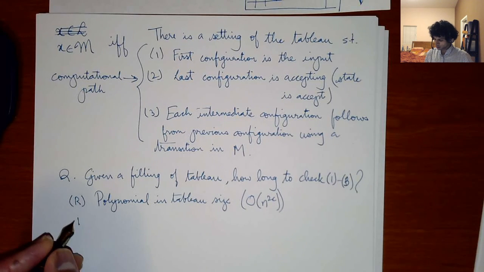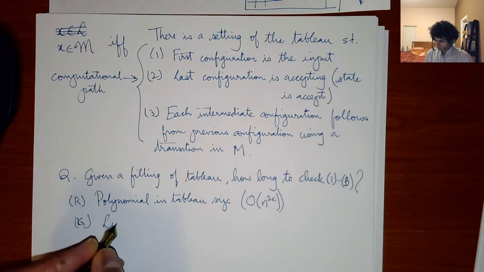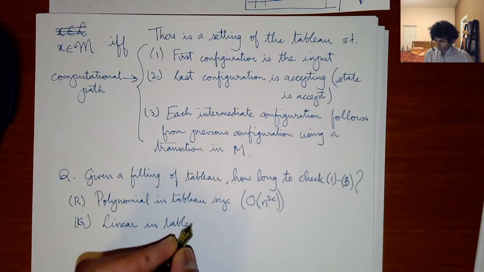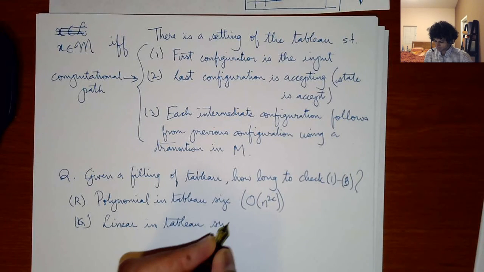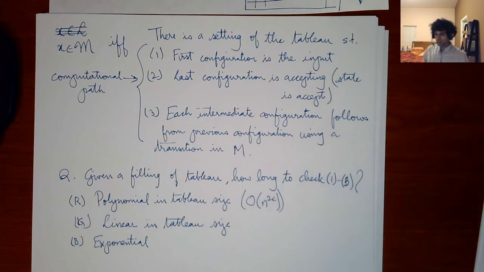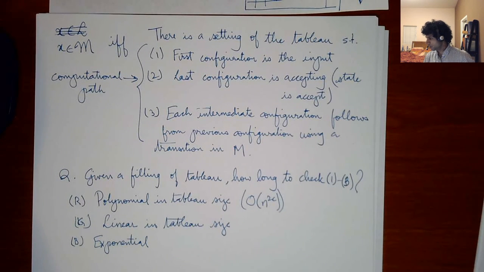Is it actually linear in the tableau size? Or is it exponential? Of course, linear implies polynomial, but you know what I mean. Give the best possible answer.